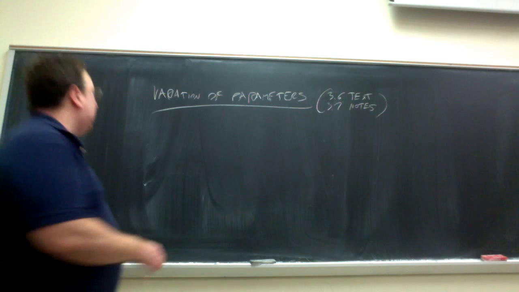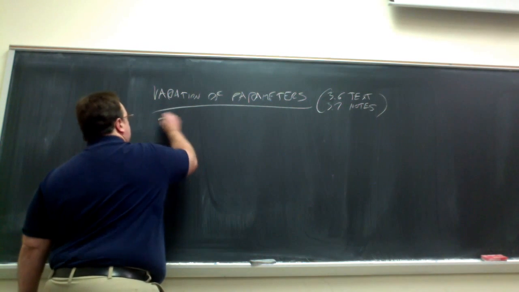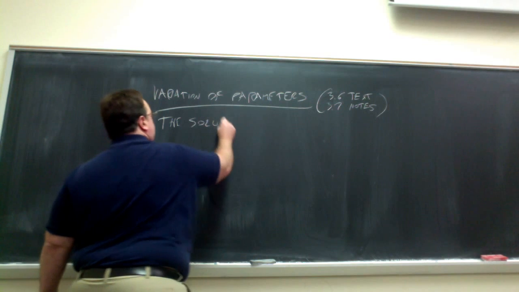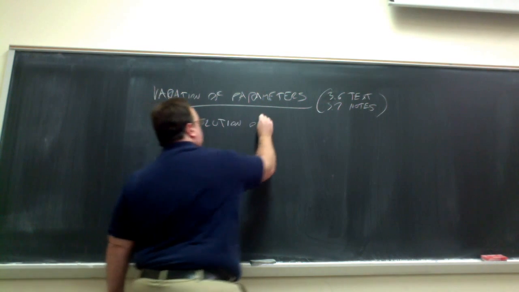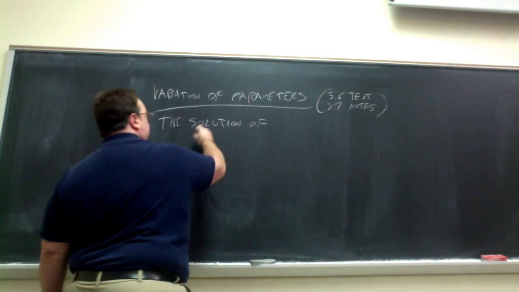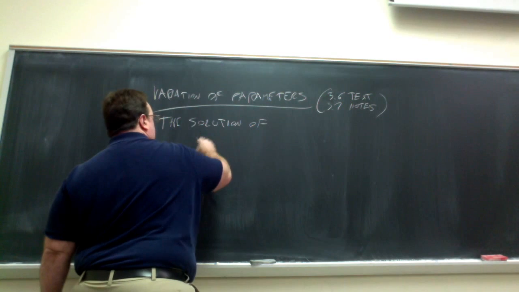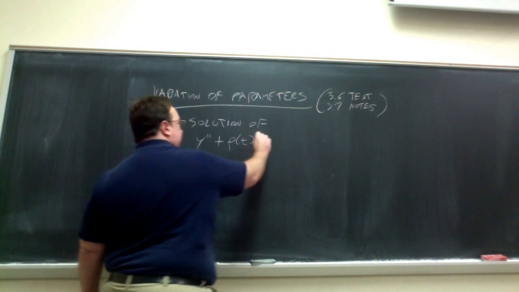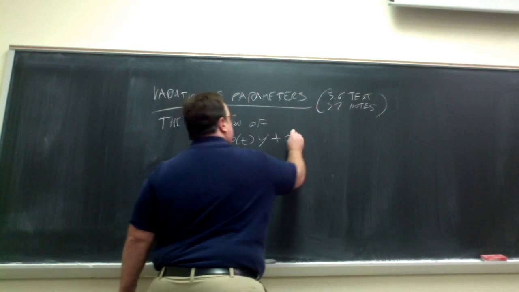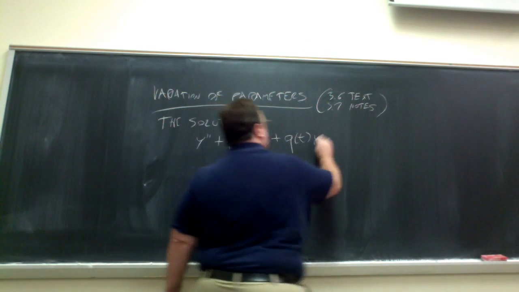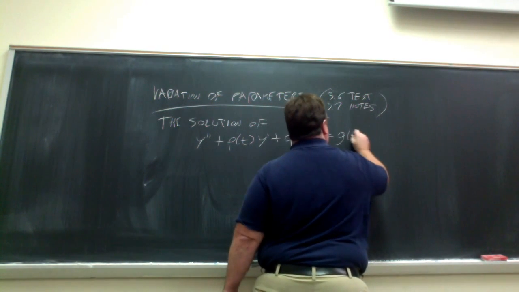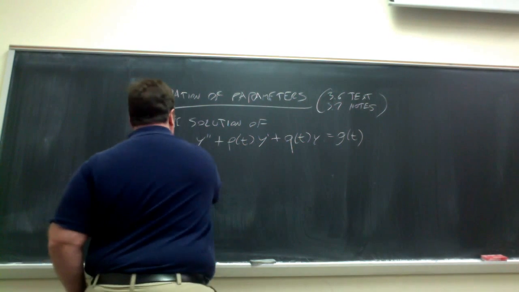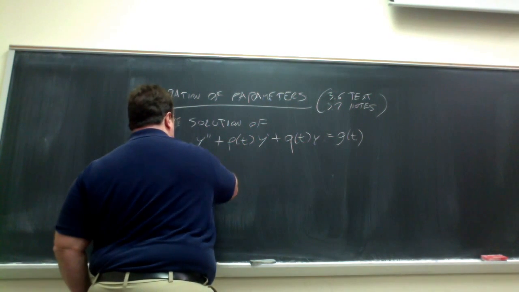Now, starting from the general form of a solution, this second order DE, y double prime plus any coefficient p of t y prime plus q of t y equals some g of t, has this form.